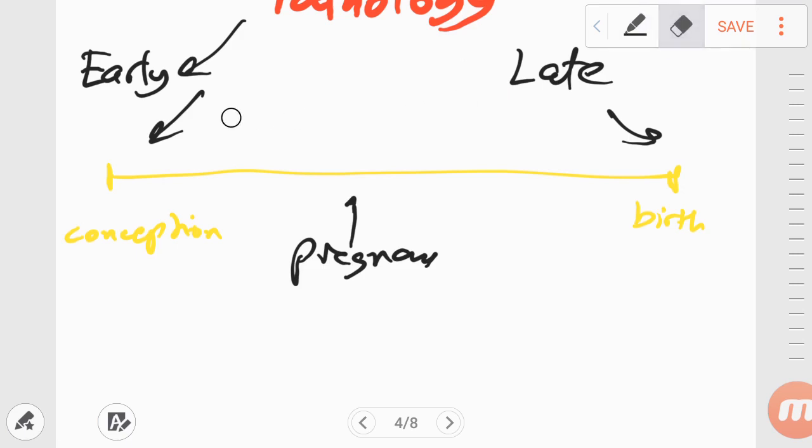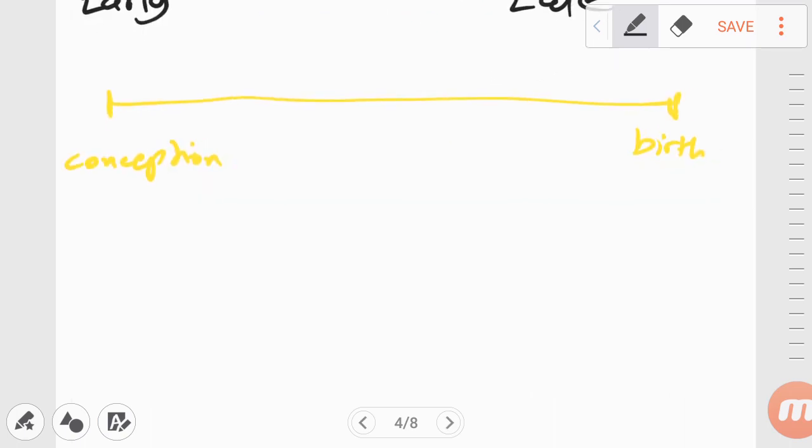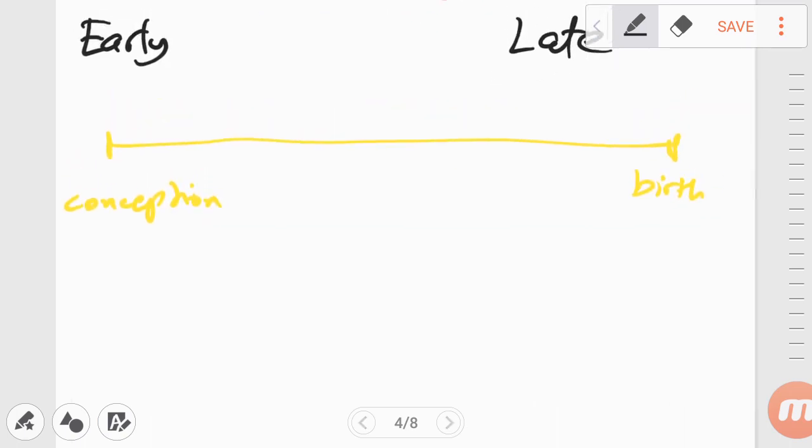So let's talk about how that is different. Generally speaking, insults which take place in the earlier pregnancy are much more dangerous to the fetus and to the overall mortality and morbidity as compared to late insults.